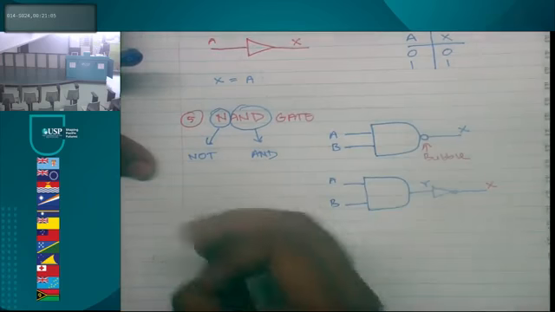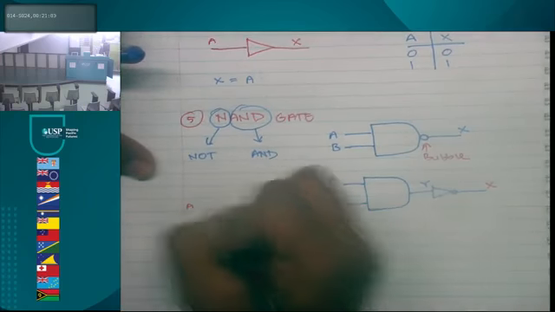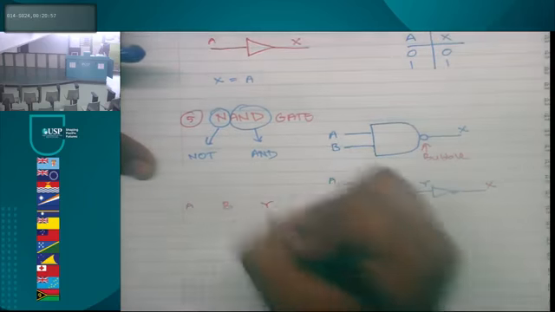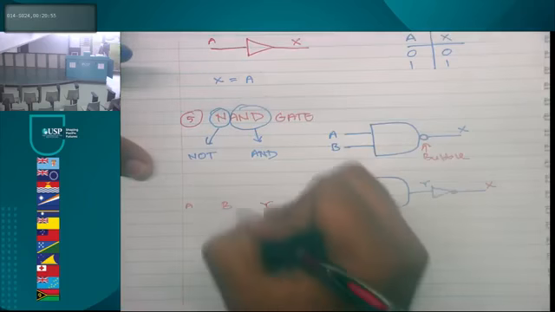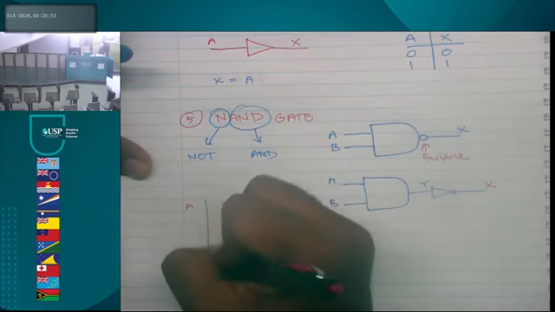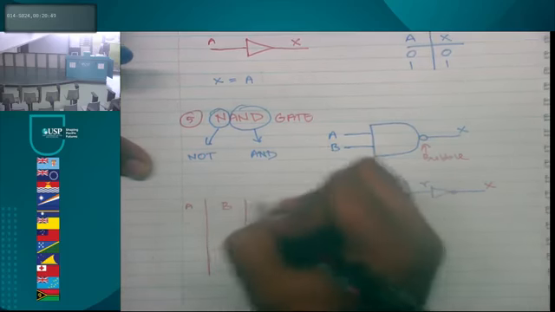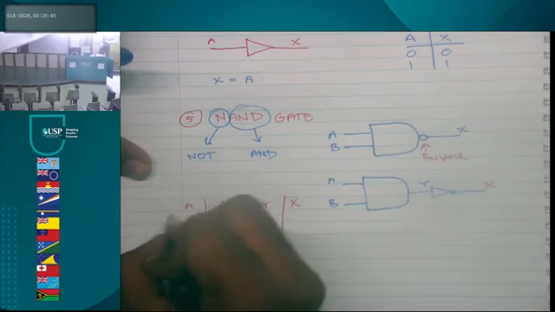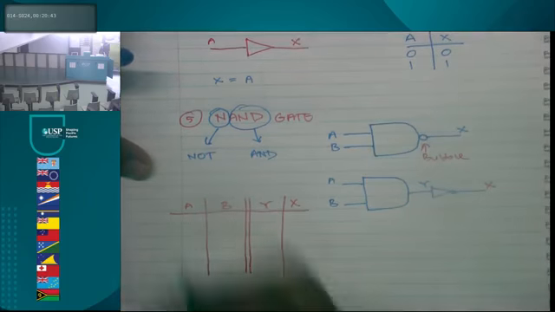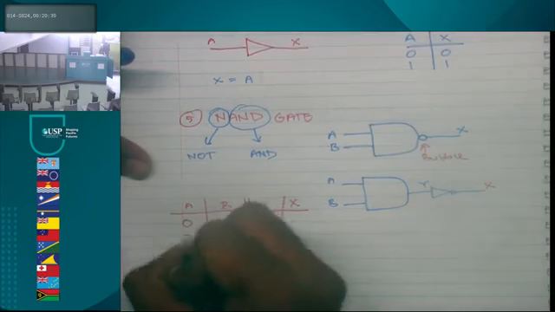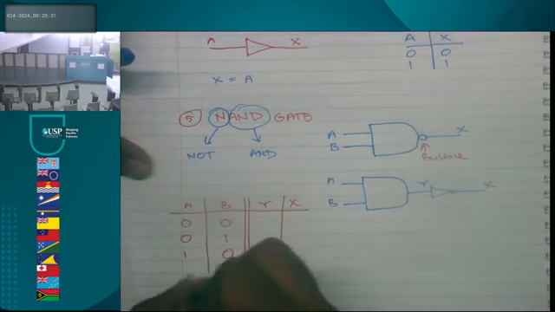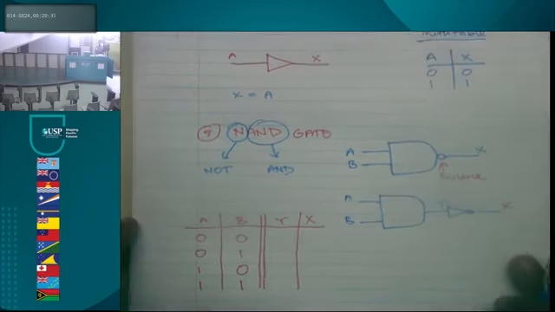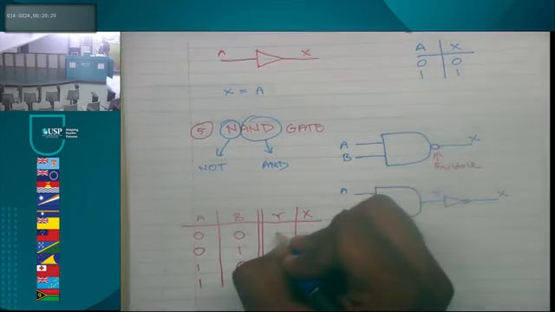You'll simply have 4 combinations: A, B, so how were the combinations for the AND gate? 0, 0 was?